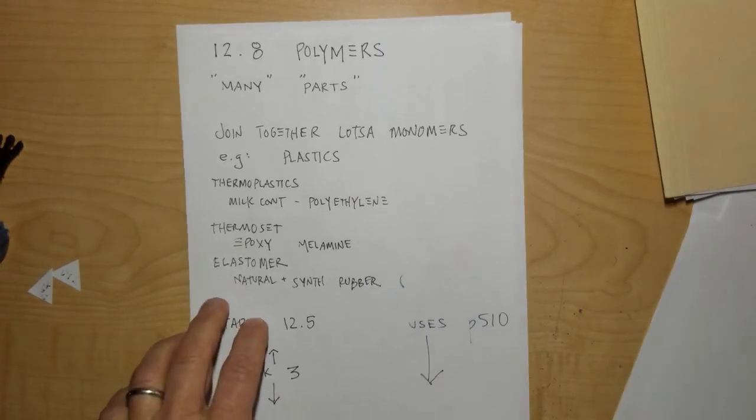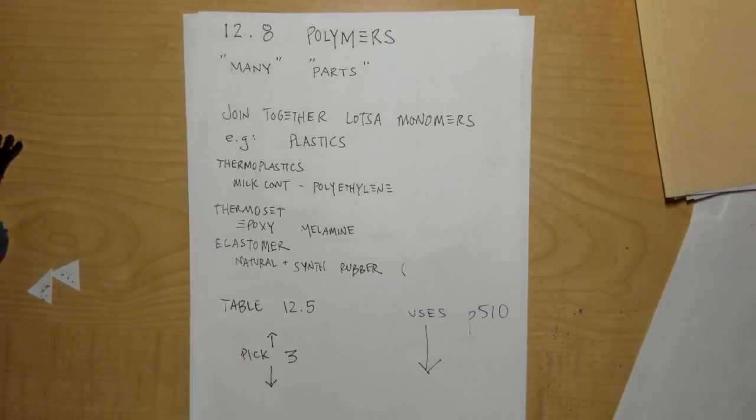Last type of solid to talk about today, polymers. Poly stands for many, and then mer stands for parts, so it's many parts joined together to make a long, long, long chain molecule.